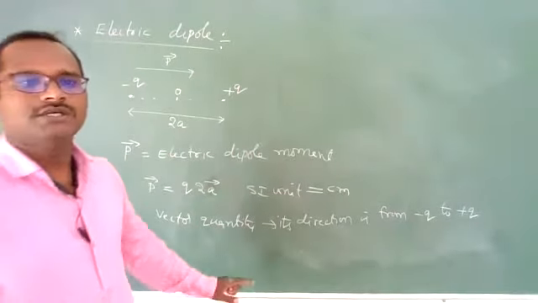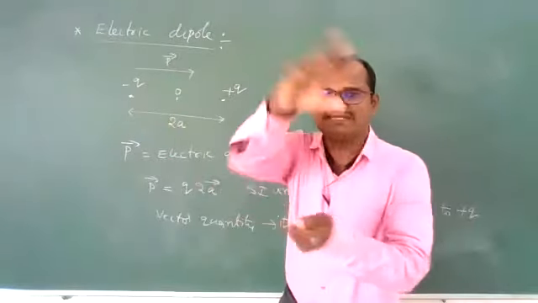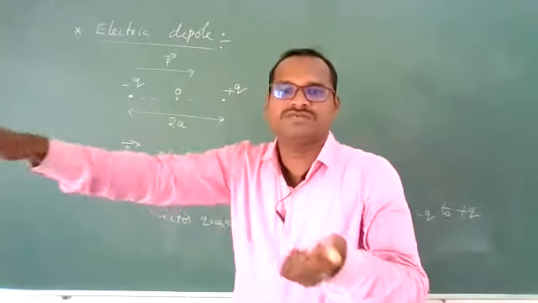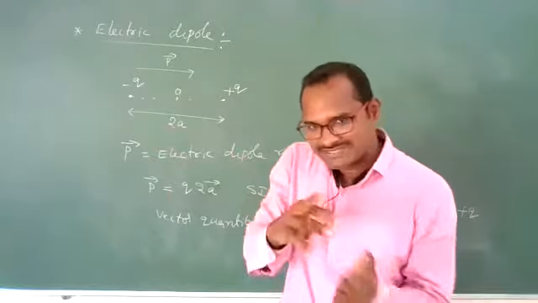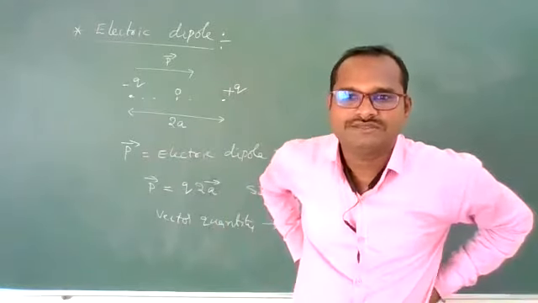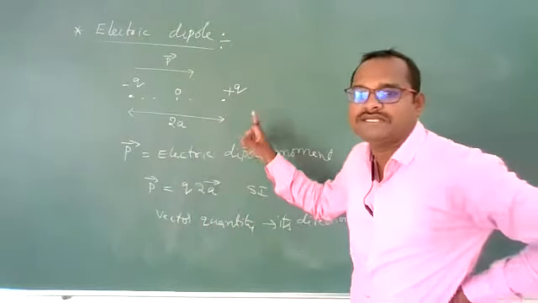Clear, students? Till now, we have discussed the electric field for a discrete distribution of charge and a continuous distribution of charge. But when two opposite charges are separated by some distance, how much electric field will form? That we have not discussed. So first we need to define one quantity.